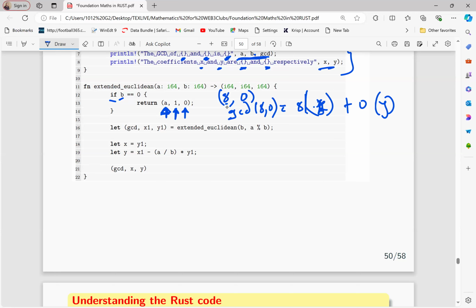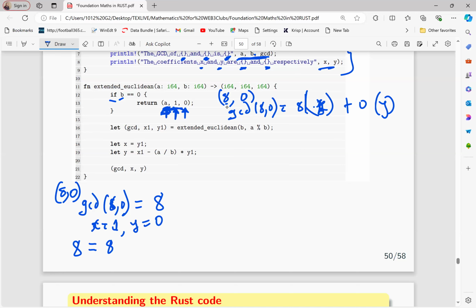If you have been given two numbers where one of them is 0, so for instance, we have 8 and 0, and we want the GCD of 8 and 0, this GCD will be 8. It's also telling us, I'm just reading this, that X will be 1 and Y will be 0, so that the GCD, which is 8, can be written as 8 multiplied by 1 plus 0 multiplied by 0, which is just 8. So that is what this first bit is telling us.